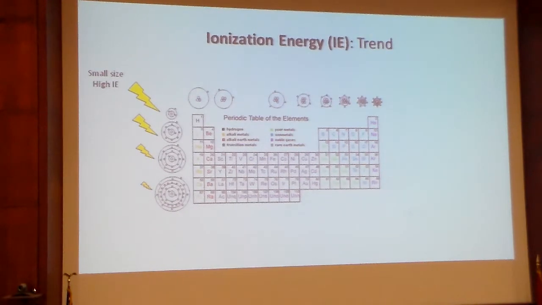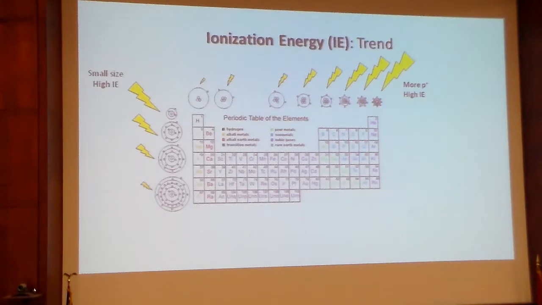More protons. Across the period, we increase the number of protons: 3, 4, 5, 6, 7, all the way to 10. Neon has 10 protons, more protons, more interaction, so you need more energy to remove that electron.